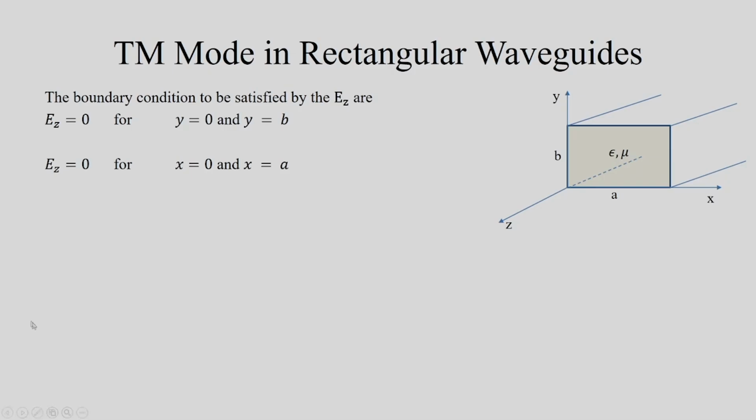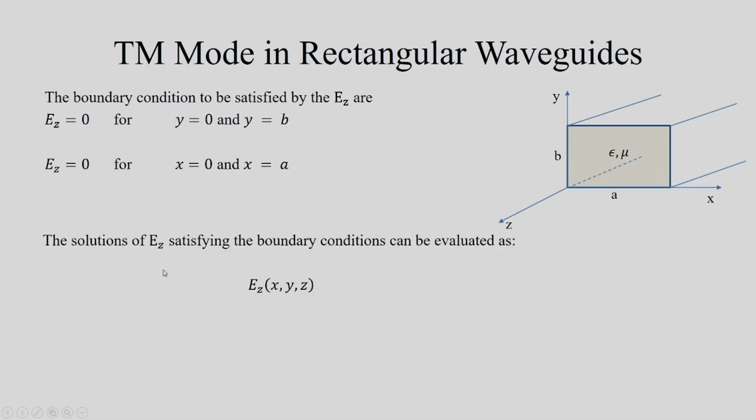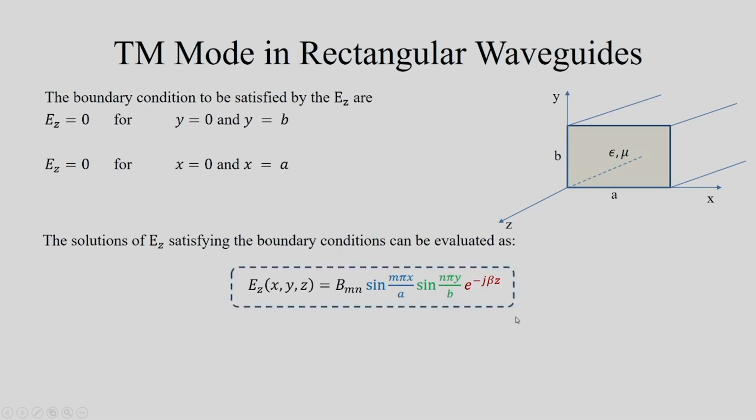So, the solution from the general solution of Ez which satisfies this boundary condition can be obtained as Ez(x, y, z) = B_mn sin(m pi x by a) sin(n pi y by b) e to the power minus j beta z.